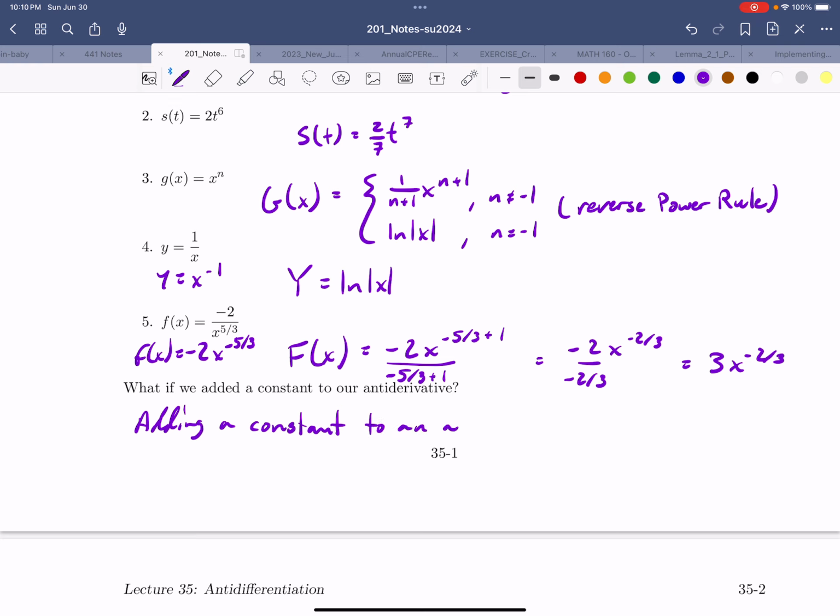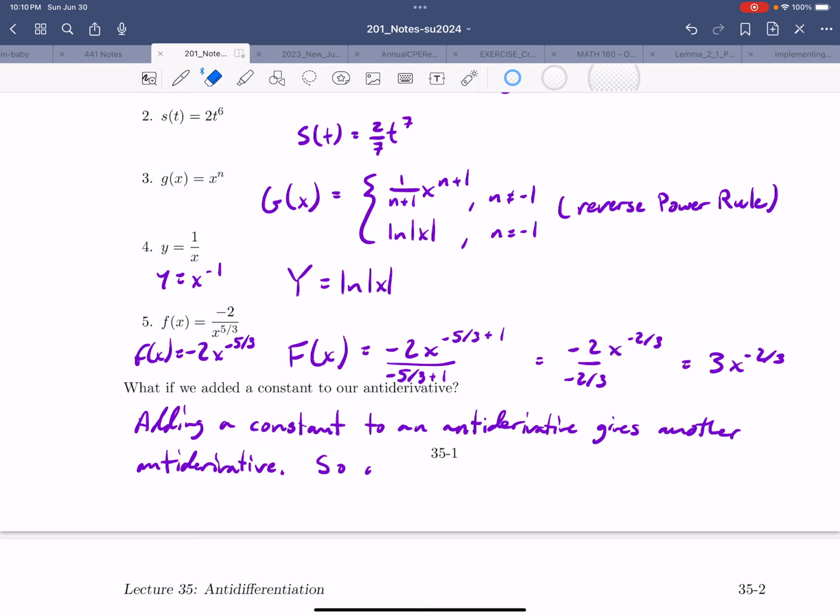to an antiderivative gives another antiderivative. I'll state this a little more formally on the next page.